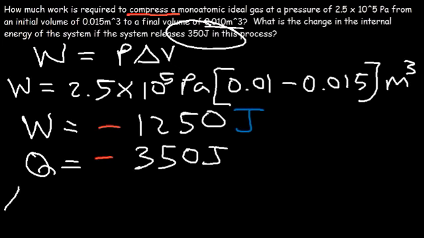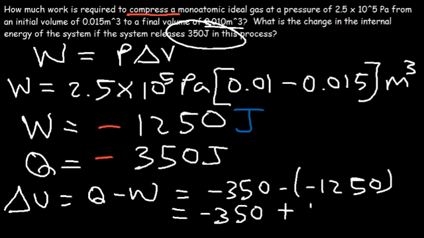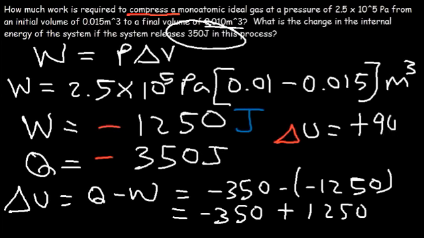We can use the equation delta U is equal to Q minus W. So that's negative 350 minus negative 1250, or negative 350 plus 1250. Therefore, the change in internal energy is positive 900 joules.